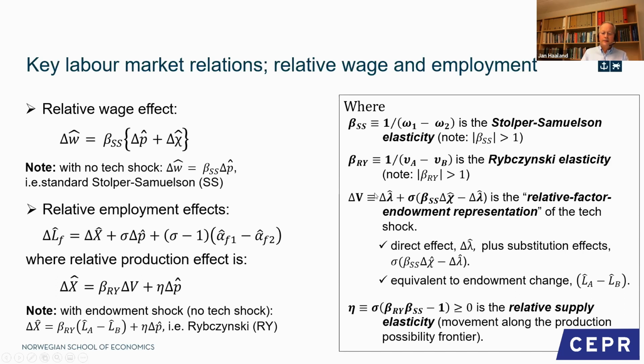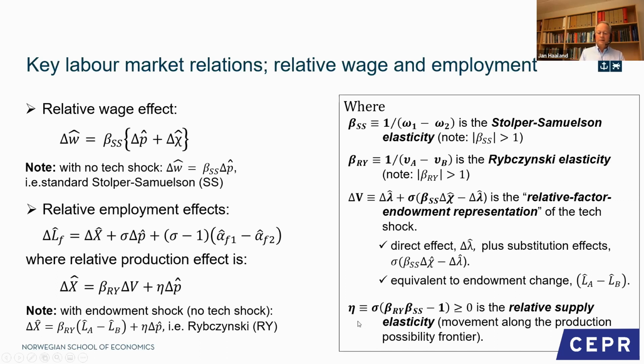It depends on the direct factor bias of the impact of technology change, and the substitution effects that take place through factor prices and from the direct factor augmentation. Finally, let me say that the price effect comes in via what we call the relative supply elasticity, which is basically movement along the production possibility frontier.